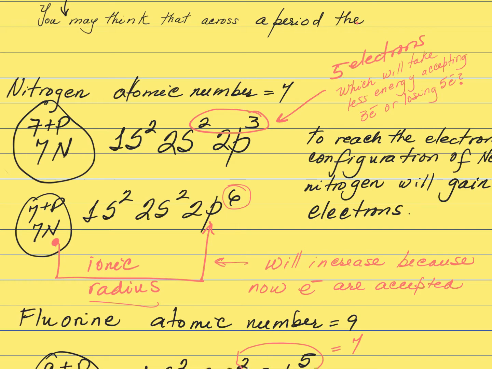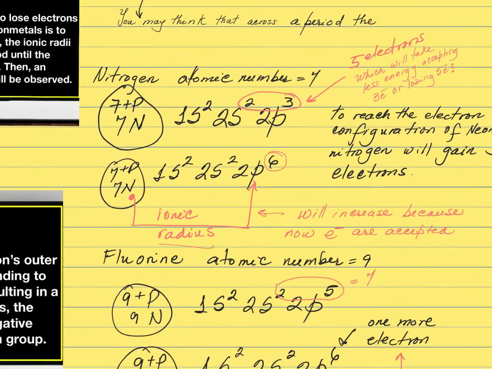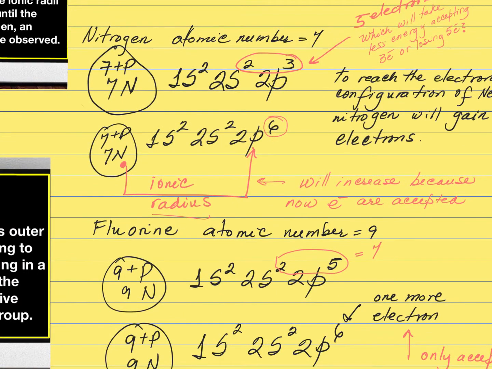Use your common sense. And that's why the non-metals are going to start accepting electrons, because by accepting electrons, they're going to be able to reach the electron configuration of the noble gases using less energy. Is that what happens with the nonmetals? Now, in this case, nitrogen is accepting 3 electrons.